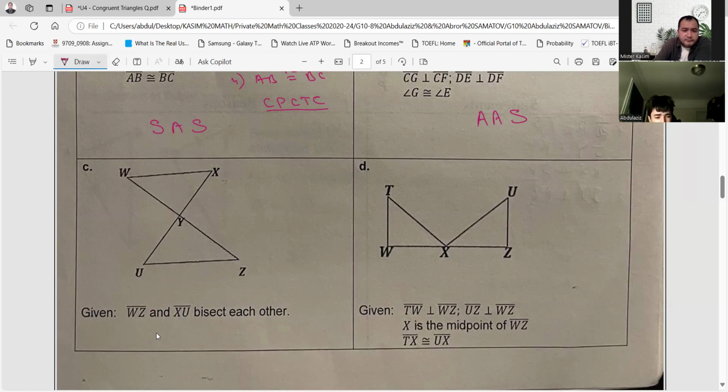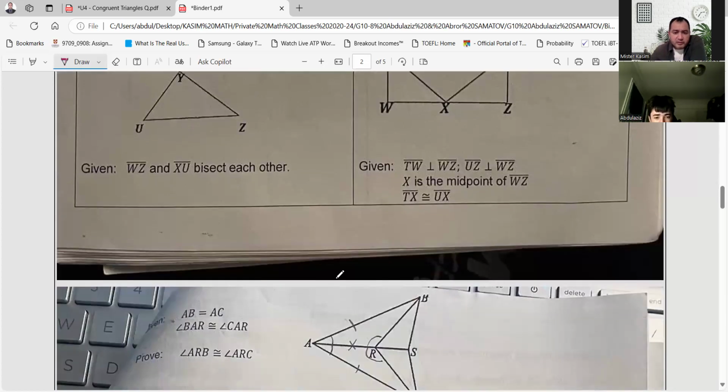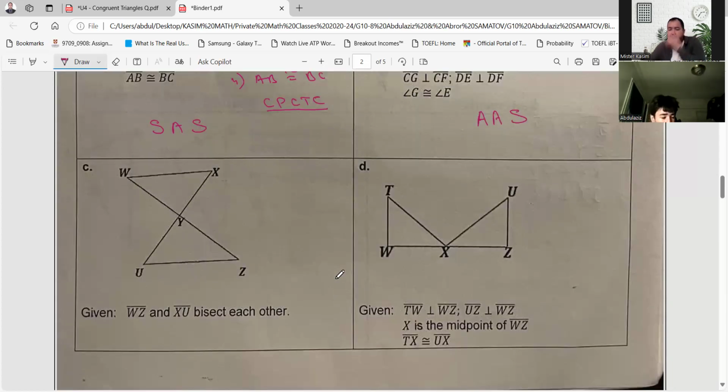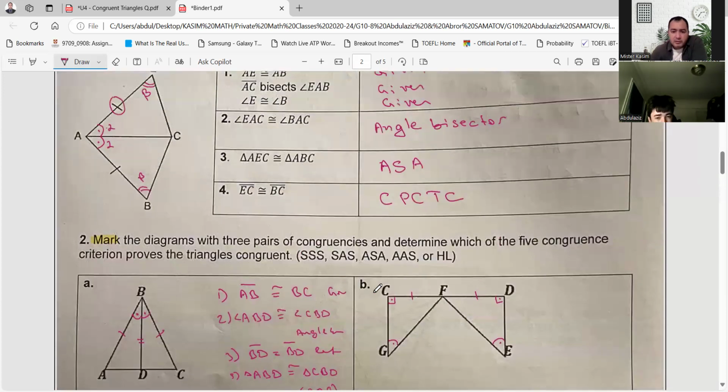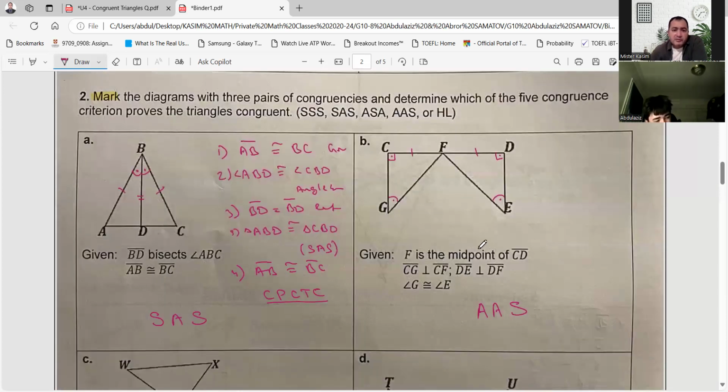Side, angle, side. No, there it says it's just WZ and XU bisect each other. We don't have any other information, right? Actually, mark the diagrams with three pairs of congruences and determine which of the five congruence criteria proves the triangle congruence.